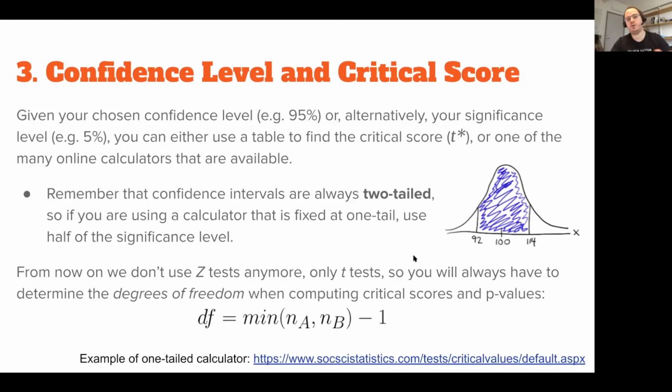So you say, I want 95%, and then the calculator will tell you, okay, your critical score, your T star, is 2.3258 or something. Or you say, I want a confidence level of 99%, then the calculator will simply tell you, okay, then your T star is 2.68 or something. So that's what I expect you are going to do anyway.